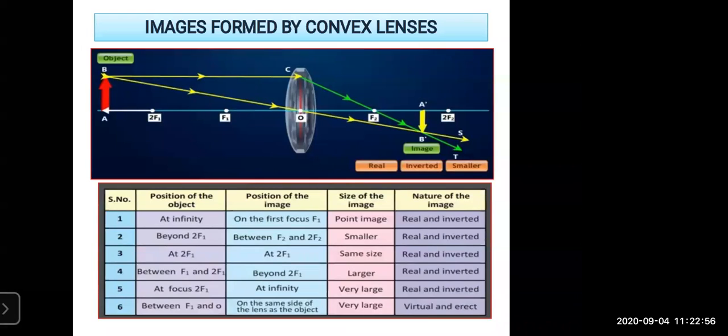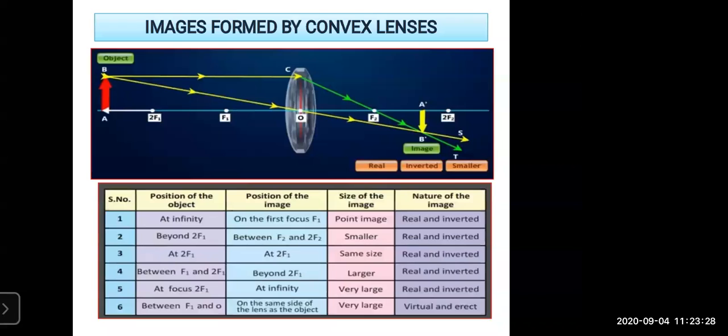Okay, so the position, nature and size depend on where the object is placed. Here the object is placed beyond twice F1, and it forms the image on the right hand side. The image is inverted, right? It is opposite to the object, right? So it is inverted and real.